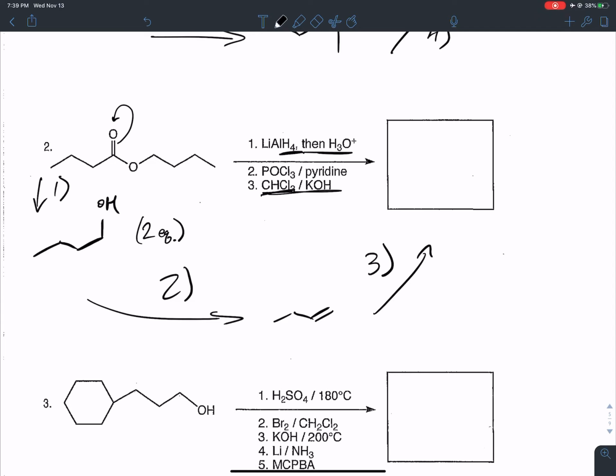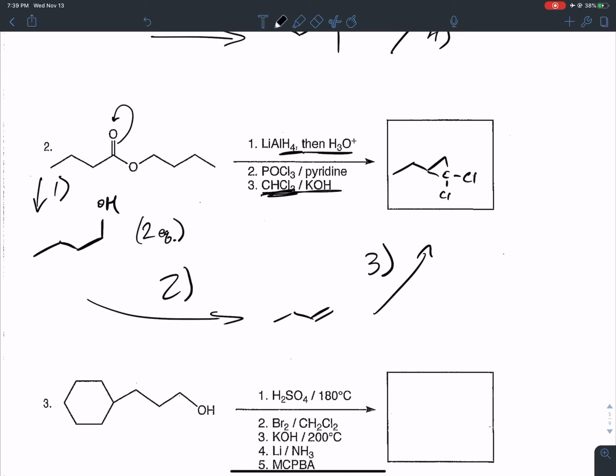And whatever's on your carbene will stay there. So let's go ahead and draw that. We'll have a cyclopropane. What was here? Are we going to have hydrogens here? Or what was originally on there? Chlorines. Yeah, you're going to have chlorines on there. And that's it for that one.